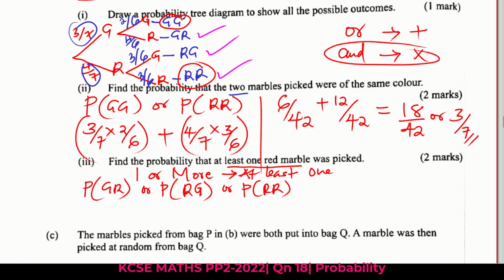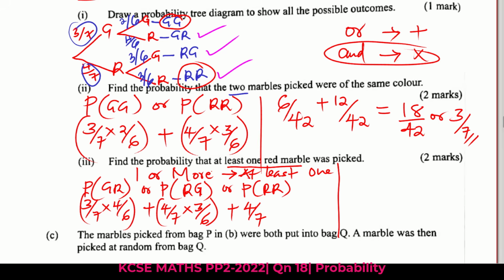So here, green red, you get 3 over 7 times 4 over 6, or you add red and green, 4/7 times 3/6, plus red red, 4/7 times 3/6. That is one way, but this is the longest one.